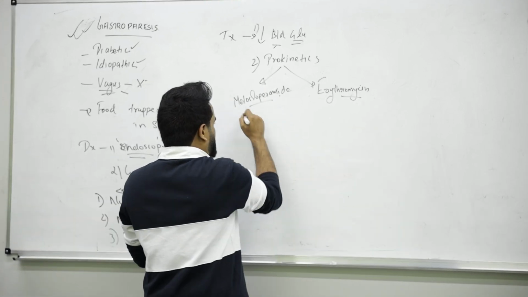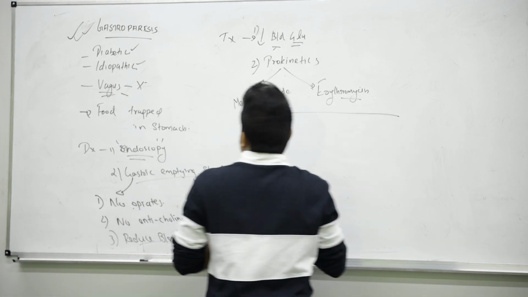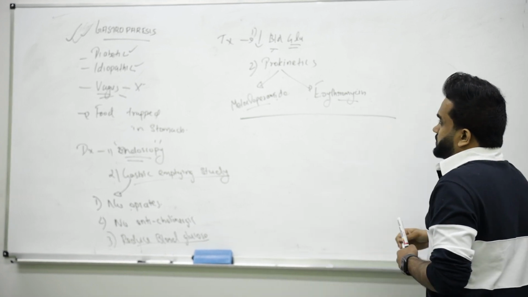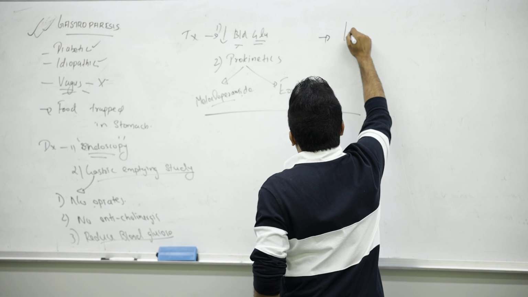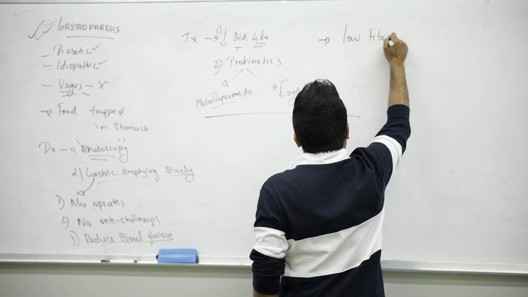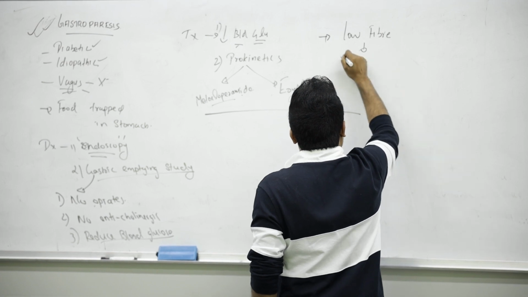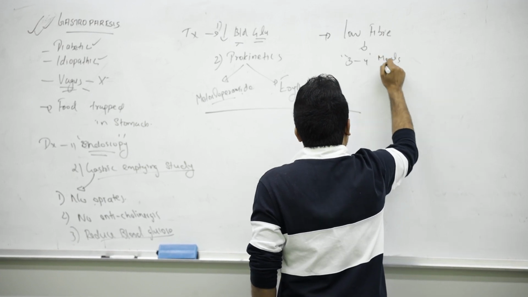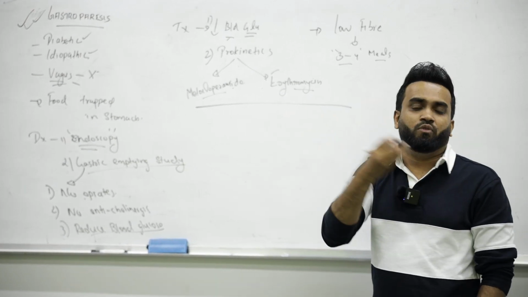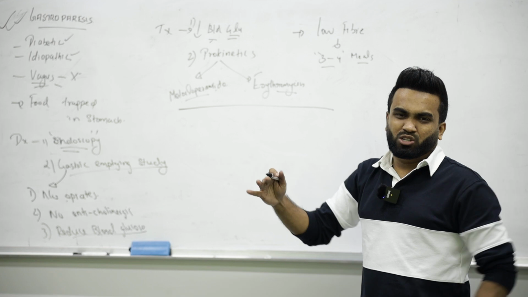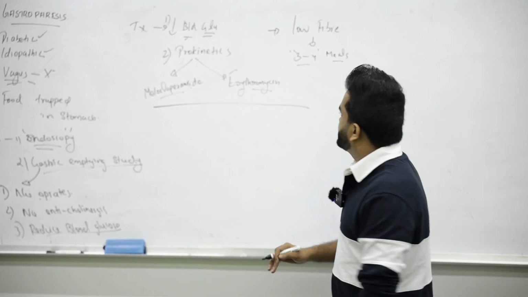Next one, you can ask the patient to have a meal that is low fiber, split into 3 or 4 meals, low volume, more frequency, and low fiber, so there is no trapping of food inside, right?